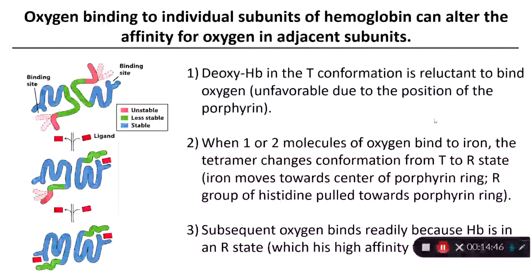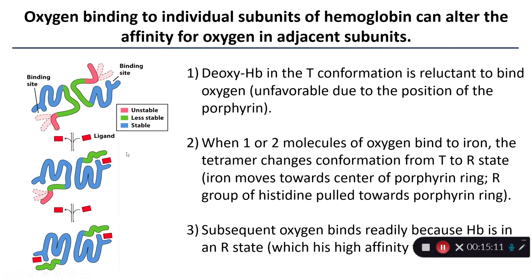At the same time, remember that histidine residue that the heme group is attached to? The R group of that histidine residue is pulled towards the center of the porphyrin ring also. This interaction forces the plane of the ring sideways towards the outside of the tetramer, and this induces a strain in the protein helix.